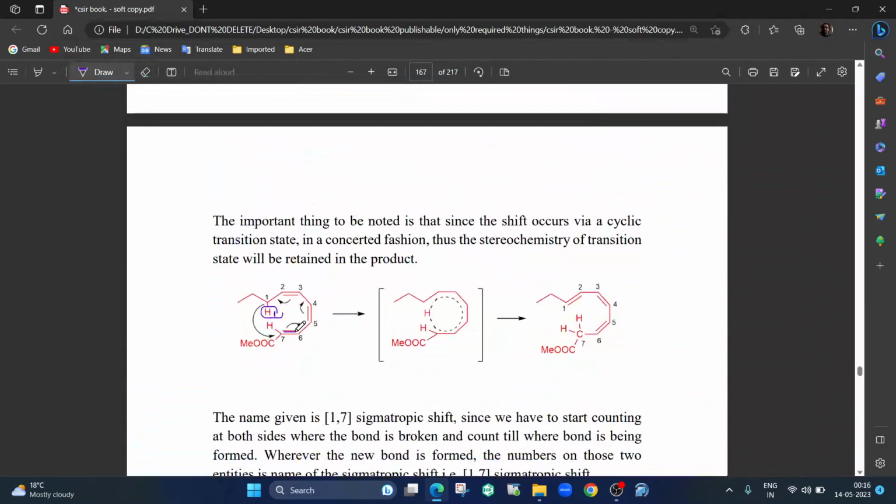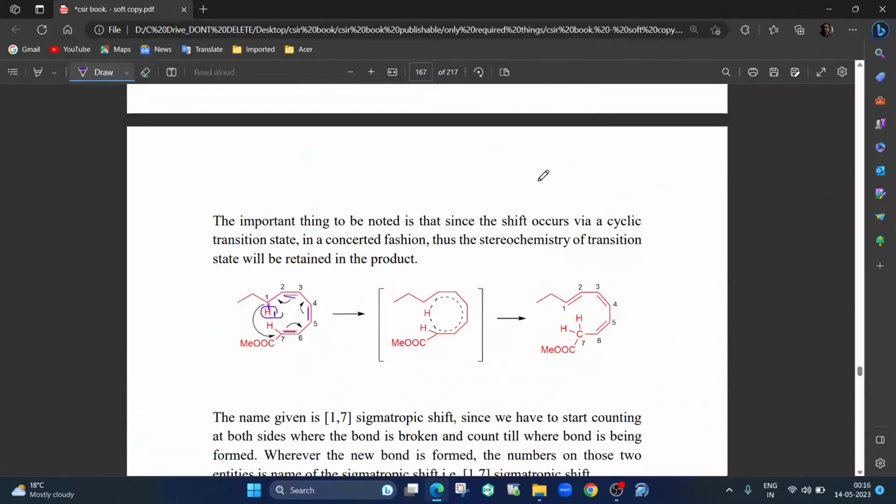See the number of electrons involved. This is 1 pi bond, 2 electrons, another pi, 2 electrons, plus another pi, 2 electrons. 2 plus 2 plus 2 is 6, plus this sigma bond, so it is an 8 electron system. So it was a 4n system. So this goes through this transition state. This hydrogen is being shifted here, this pi bond comes here, this pi bond comes here, this comes here.